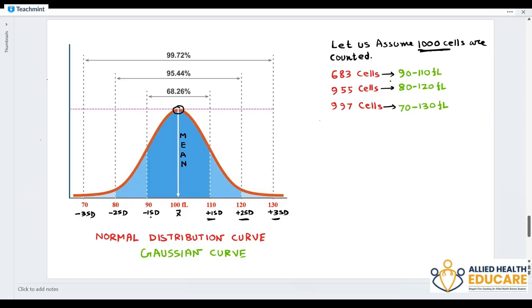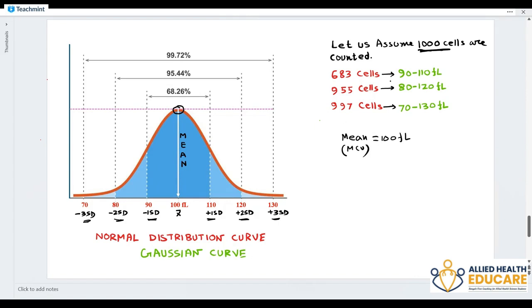On the left side, it is minus 1 SD, minus 2 SD, and lastly minus 3 SD. Suppose the machine calculated the mean as 100 femtoliter. Here the mean represents the MCV.